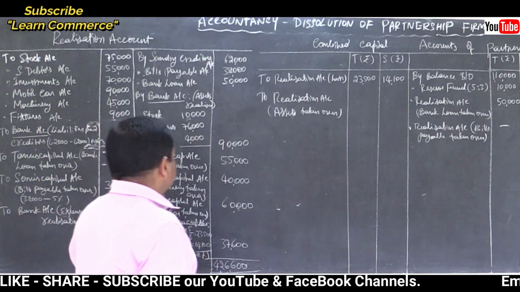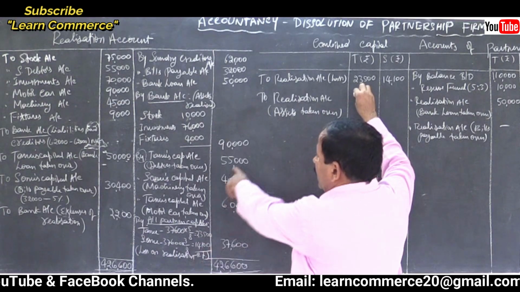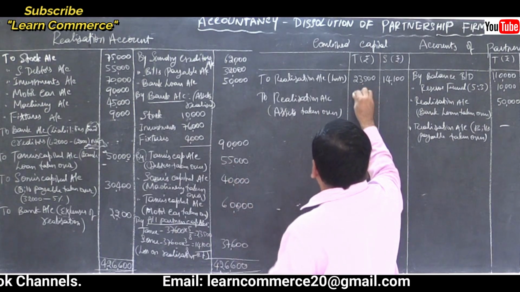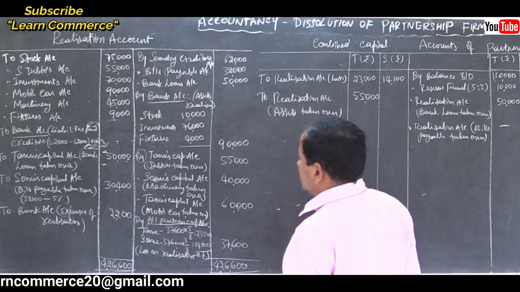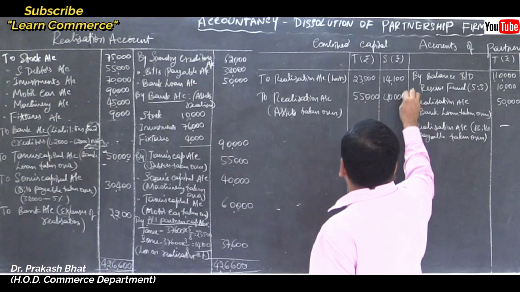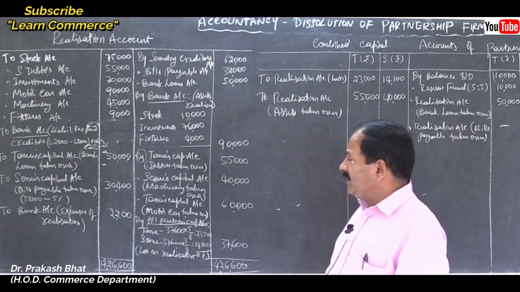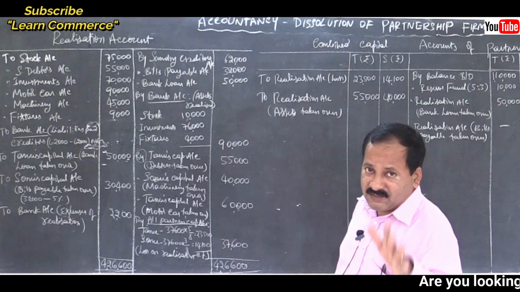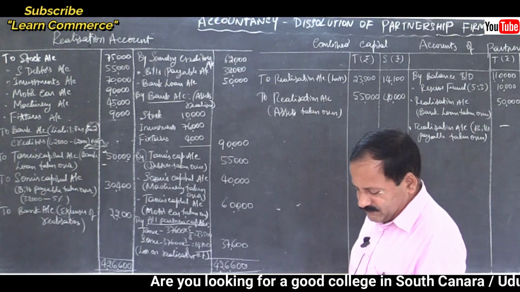So in Tanu's column 55,000, right? Then in Sonu's capital account 40,000. So I wrote assets taken over. Either you have to write debtors and machinery taken over or assets taken over. It is the best word to write. Then what else? Refer to it.